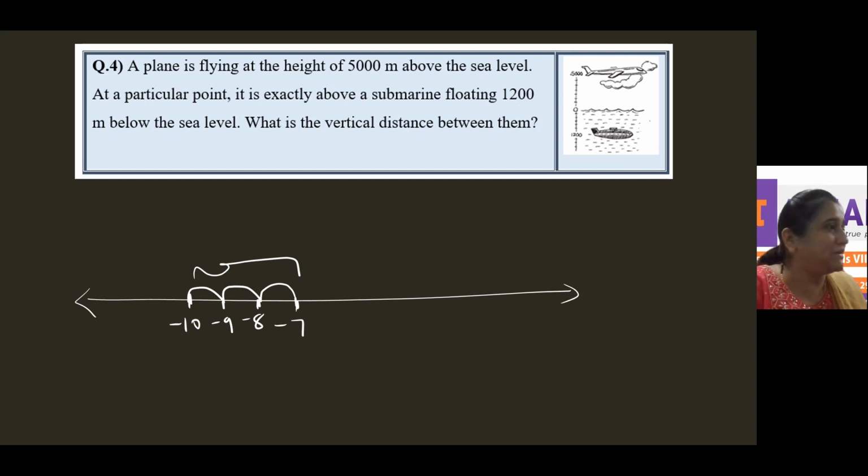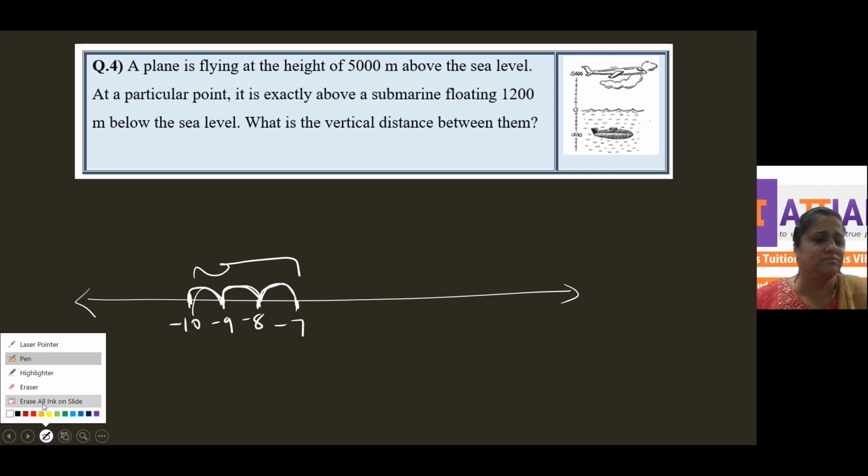Numbers can be negative, positive, 0, fraction, whatever. Distance is always positive. Distance can be a fraction, a positive fraction. 5/2, 7/2, it can be a fraction, but positive. Distance is never negative. All right. So the distance between these two will be +3 only. 1, 2, 3, +3.